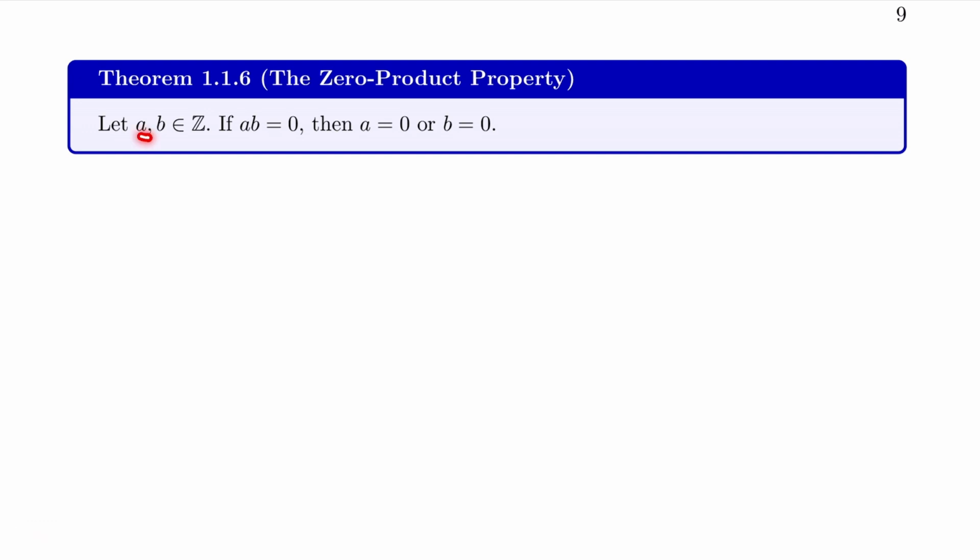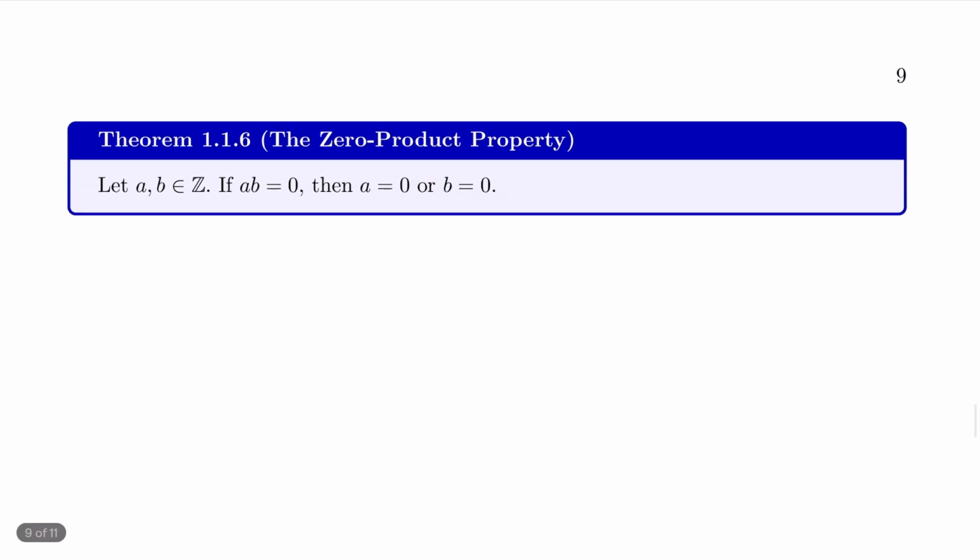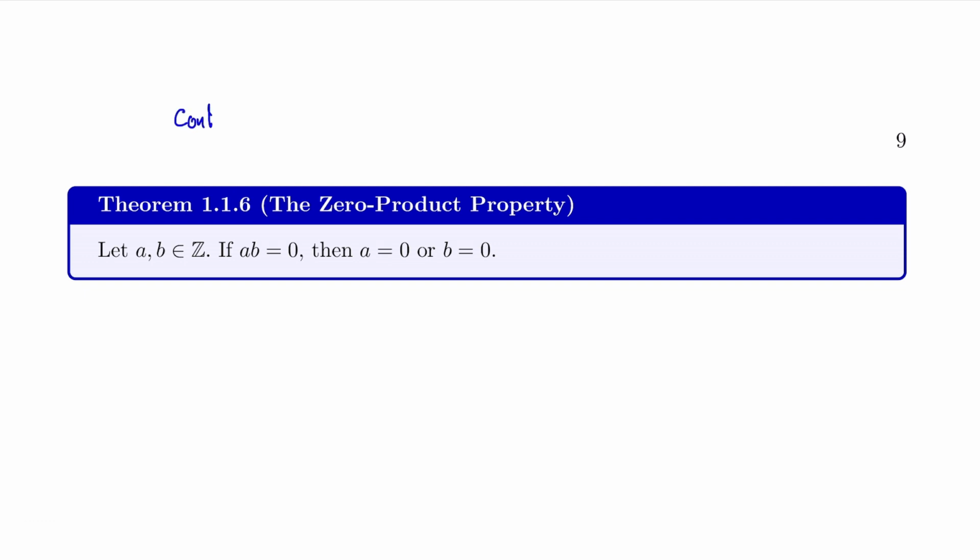Let a and b be two integers. If the product of these two integers is 0, then a equals 0 or b equals 0. Now, how do we prove it? If the conclusion has statements connected by "or", I want to use the contrapositive of a conditional statement.